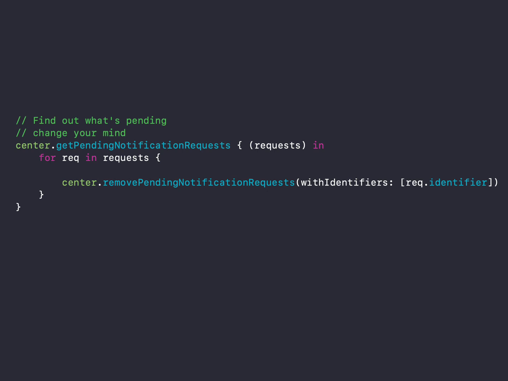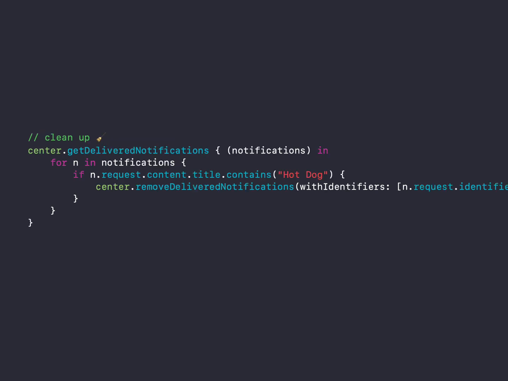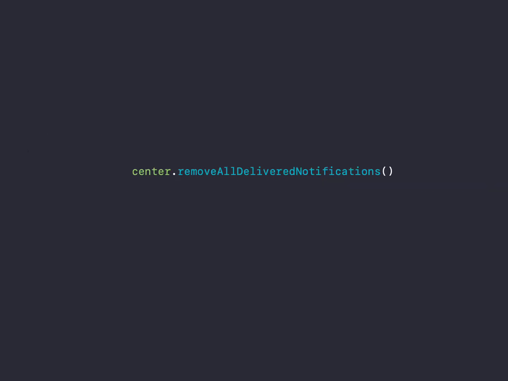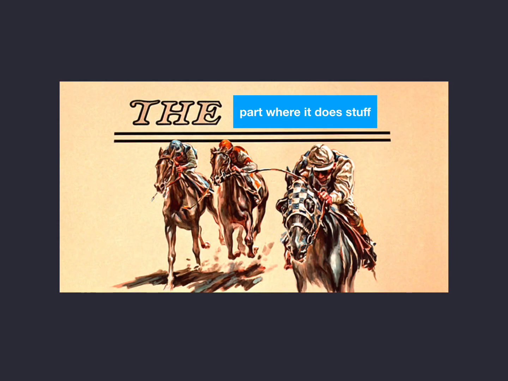Or you can also remove delivered notifications that are already in the user's notification center. So if it's no longer relevant, you can just take it away and it'll disappear. And you could remove them all. For example, on foregrounding, you could say the user doesn't need to see anything that was in there before.